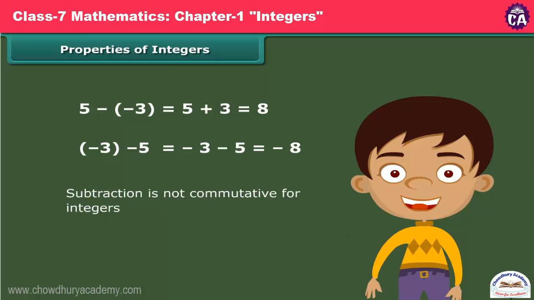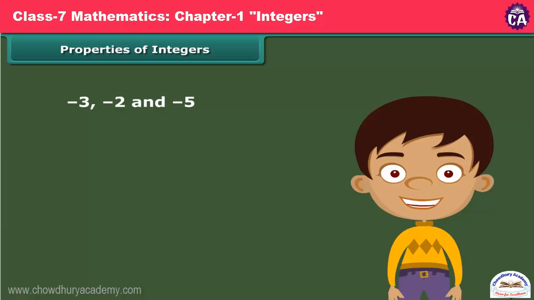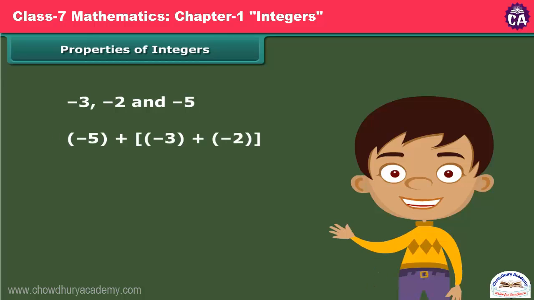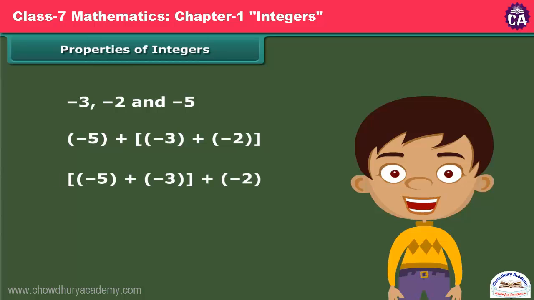Now observe the following examples. We will take the integers -3, -2, and -5. Look at -5 plus (-3 plus -2) and (-5 plus -3) plus -2.